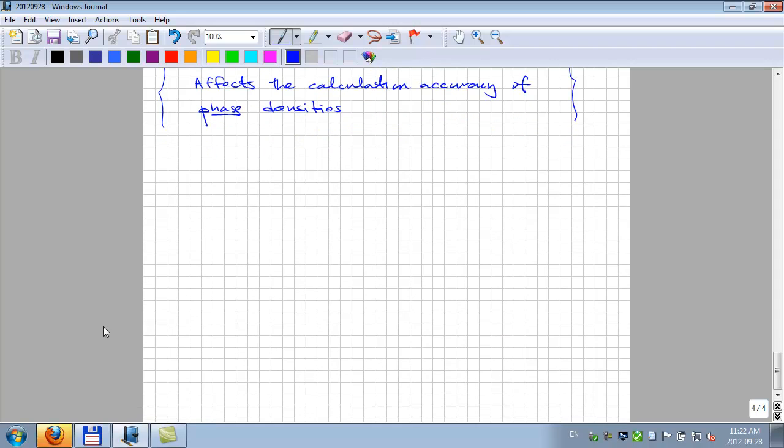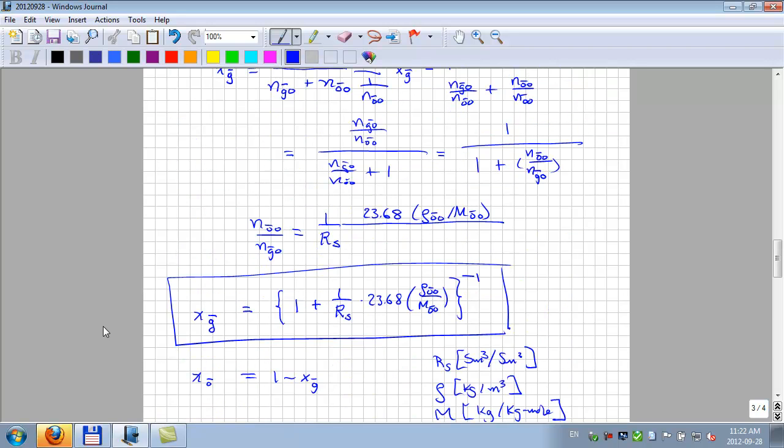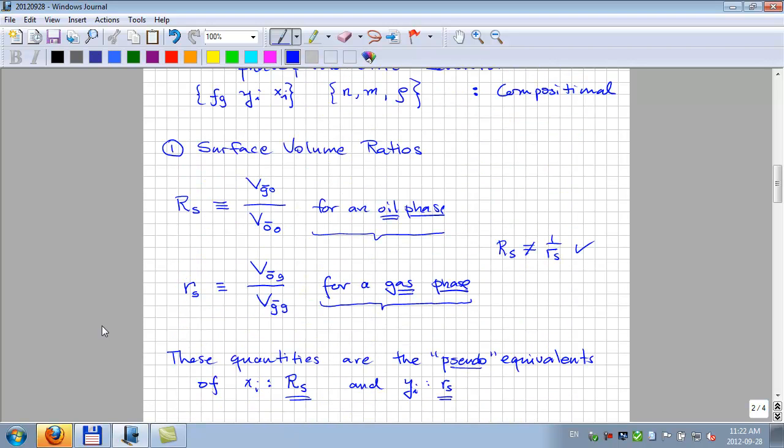Okay, so we covered the first kind of black oil property, the solution. This is called the solution gas oil ratio, capital Rs, and this is called the solution oil gas ratio, little rs.